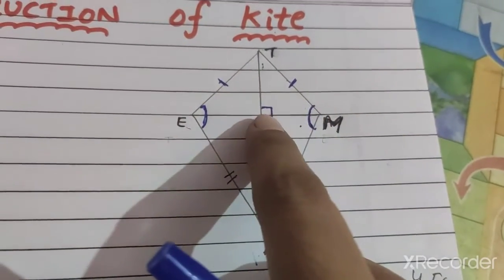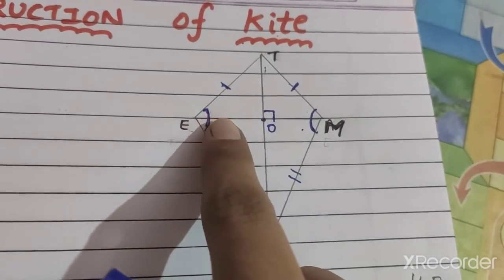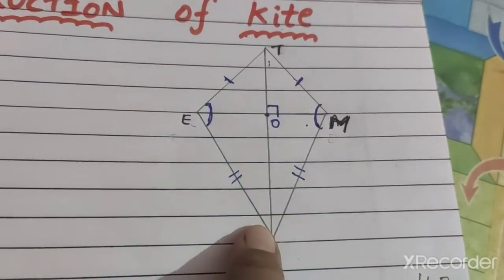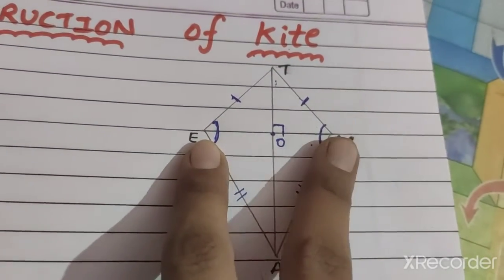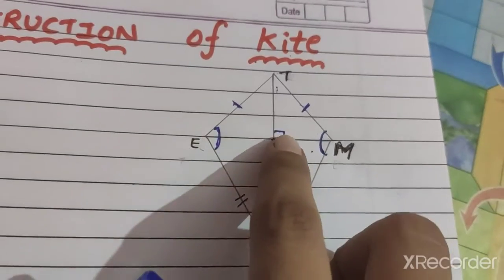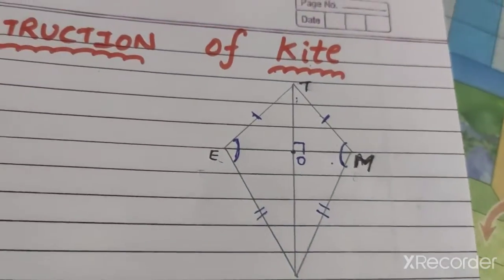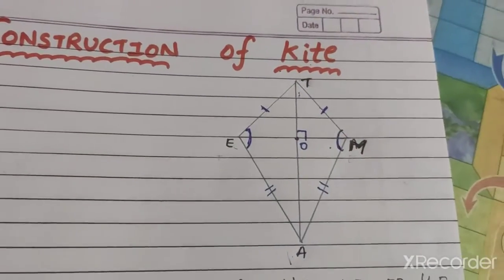Perpendicular bisector means, first of all, this vertical diagonal bisects the shorter diagonal EM, and they bisect at 90 degrees. So this is the property of the kite.